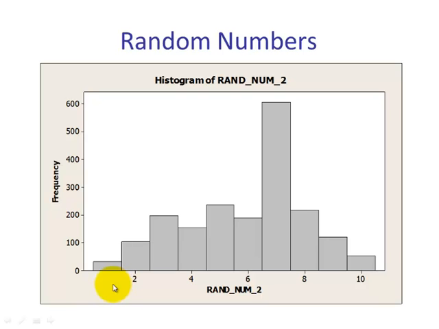If you remember, the question asked to pick a number between 1 and 10, and as we can see, most people pick 7. So theoretically, we expected this to be random, where each digit had the same chance of being picked, but that is not the case. Most people pick the number 7.